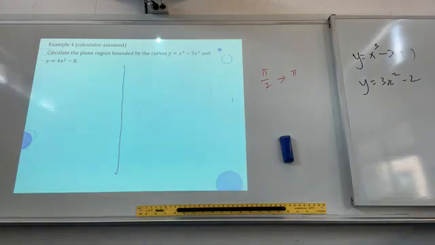Draw the graph with your calculator and then find the area. This one would have to be calculated as you. You must write down the intersection.